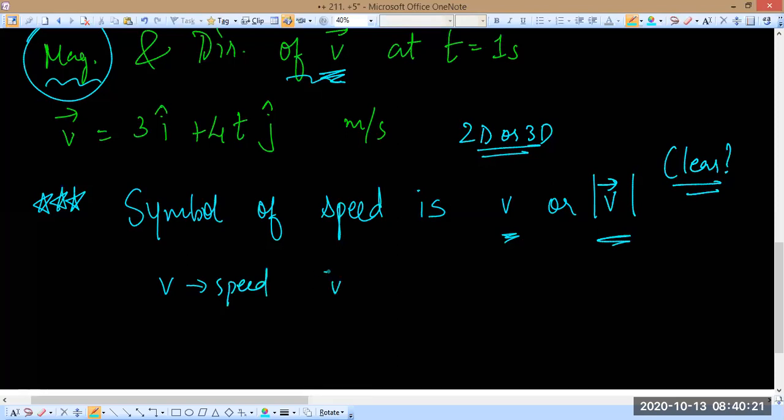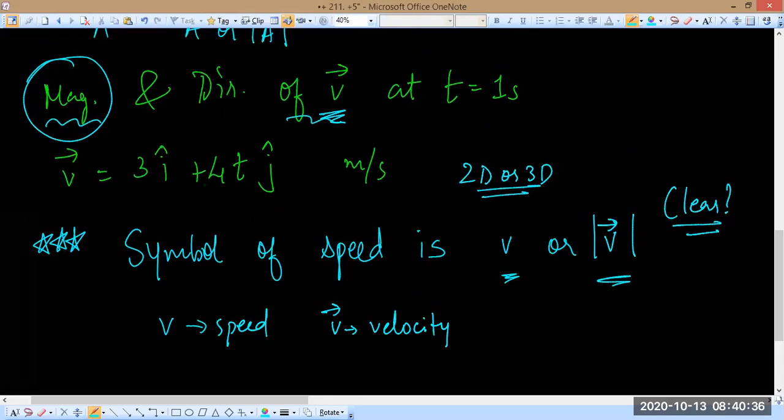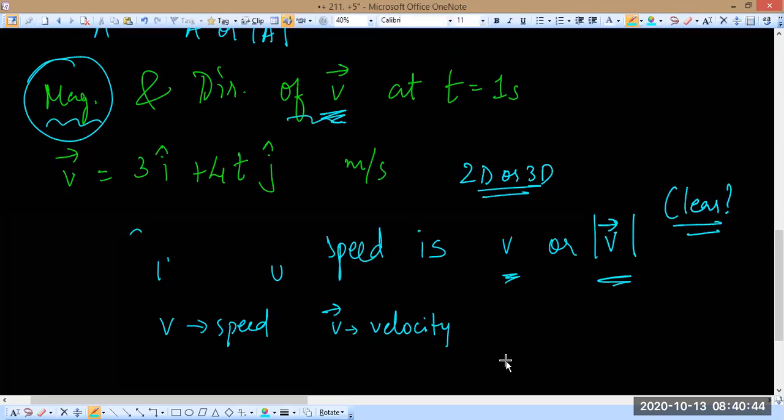Okay, and writing like this means velocity. Okay, because velocity is a vector. Okay, so right, I think I'll have to erase a few things over here. So now we have to find its magnitude. Okay, I hope you will be able to remember the symbol and all that.